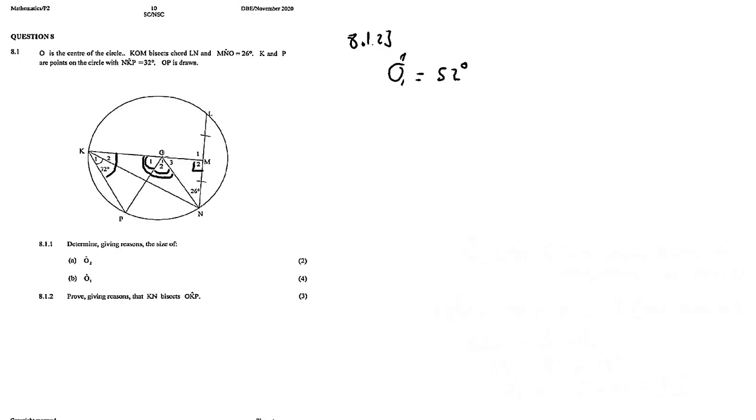Look, since OP and OK are radii, in this triangle OPK we actually have an isosceles triangle.